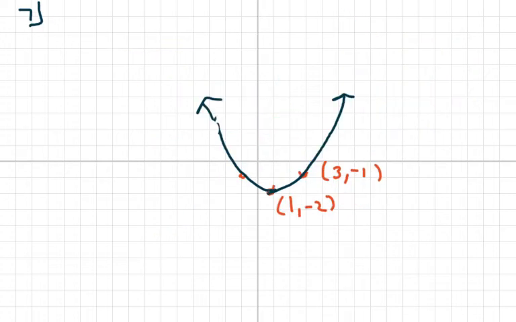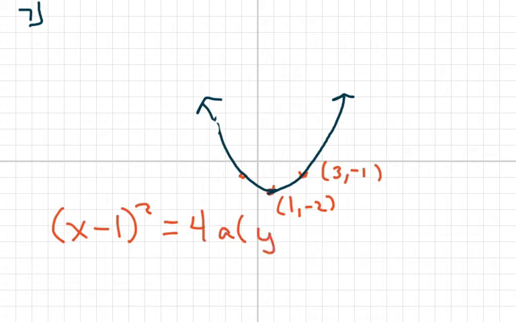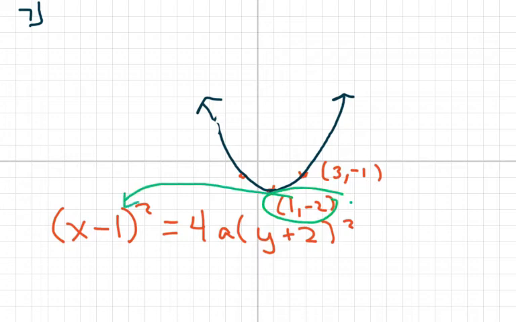Opens up, and we have a different vertex, so that's going to be x minus your h, which is 1, squared equals 4a times y plus 2. So I used the 1 here and the 2 here. Now I'm going to plug in my point and find my a, and then I'll be almost done.